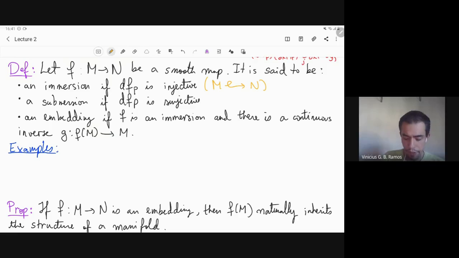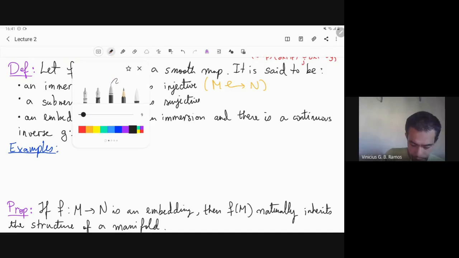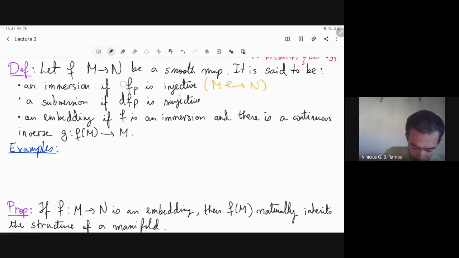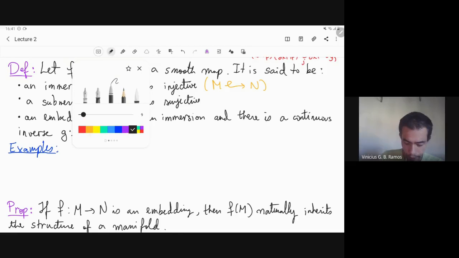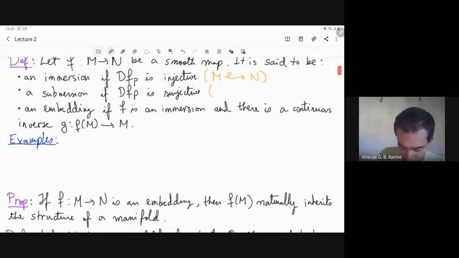And then it's a submersion if the derivative is surjective, and I'm actually using capital D. Sometimes people use lowercase d. And sometimes people use f sharp, which is called the push forward. But anyway, and here, usually people write like this when it's a submersion. Sometimes this means a surjective submersion, but anyway.